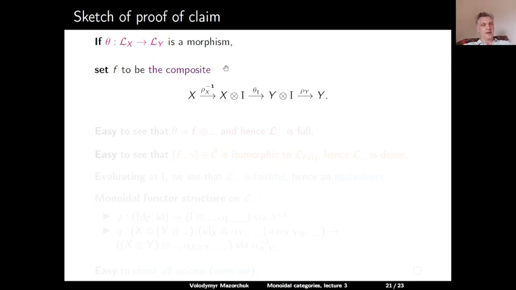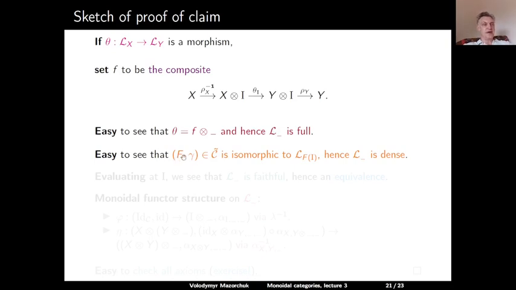Now we can apply the evaluation of theta at the identity to go to y tensor the identity, and now we apply the right uniter of y, and we end up with y. So this composition we denote by f, and then it is easy to see that theta is actually given by tensoring with f on the left. In particular, this means that our functor L is full.